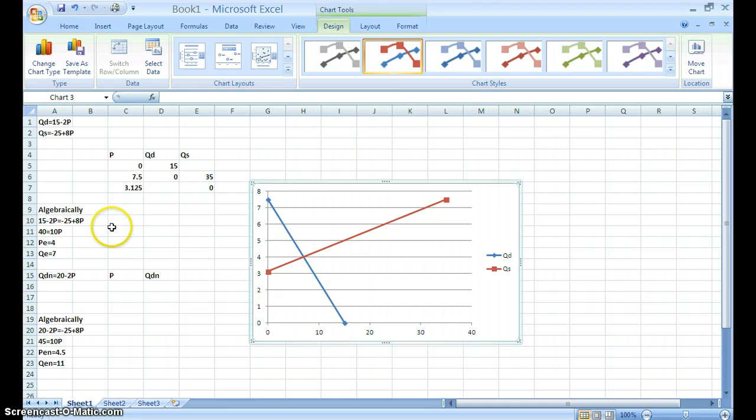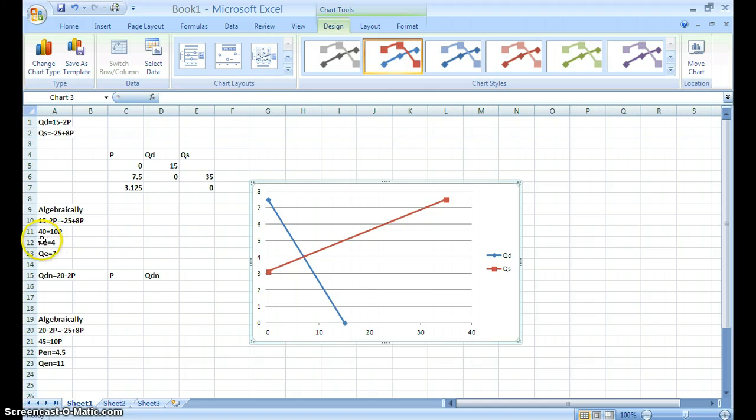Now let's do it algebraically. To find equilibrium, we need to set each equation equal to each other because the quantity supplied equals the quantity demanded at equilibrium. Therefore, if I set those two equations equal to each other and solve them algebraically, I'll find the equilibrium numbers. So when I do that, it's 15 minus 2p equals minus 25 plus 8p.